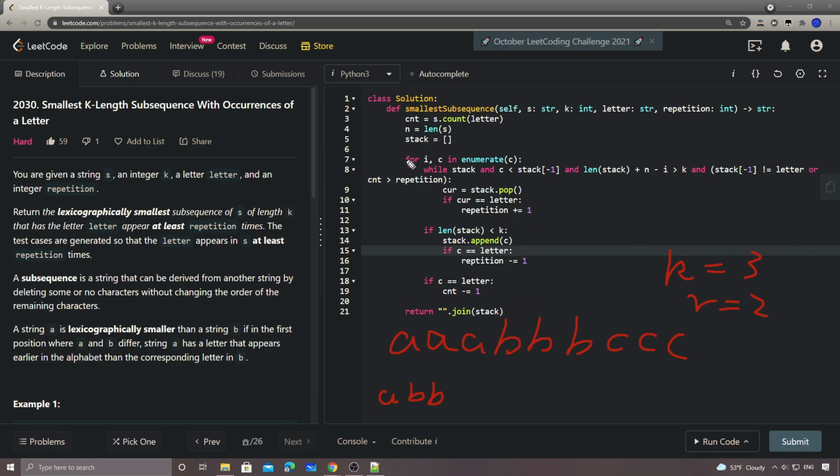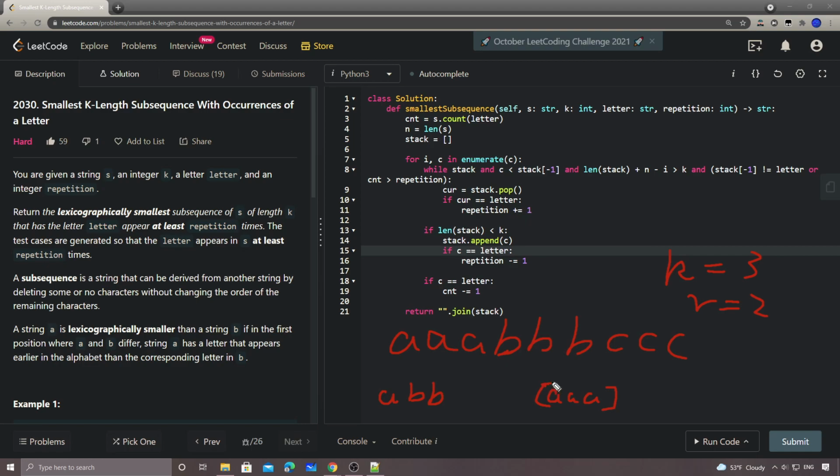But if we just use this code as it is, then the answer will be A, A, right? Because here, we only pop when the current one is smaller than the top one on the stack. In this case, we have A added to the stack, and then the next one is B, but B is greater than A, so that's why we don't add. So that's why the answer is A, A.